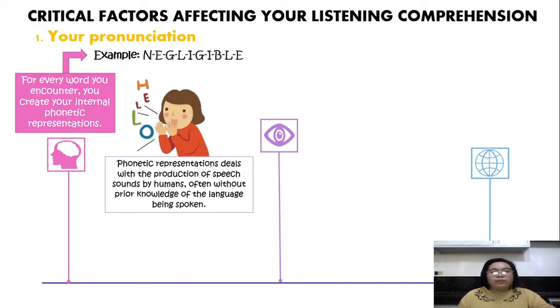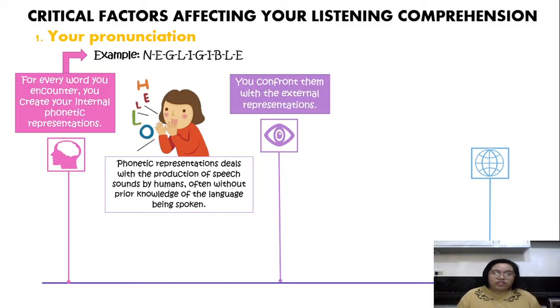For example, the word that is spelled as "negligible". When a learner who did not know this word, he or she can have the phonetic representations that this word can be pronounced as "negligible" or "negligible" and such.